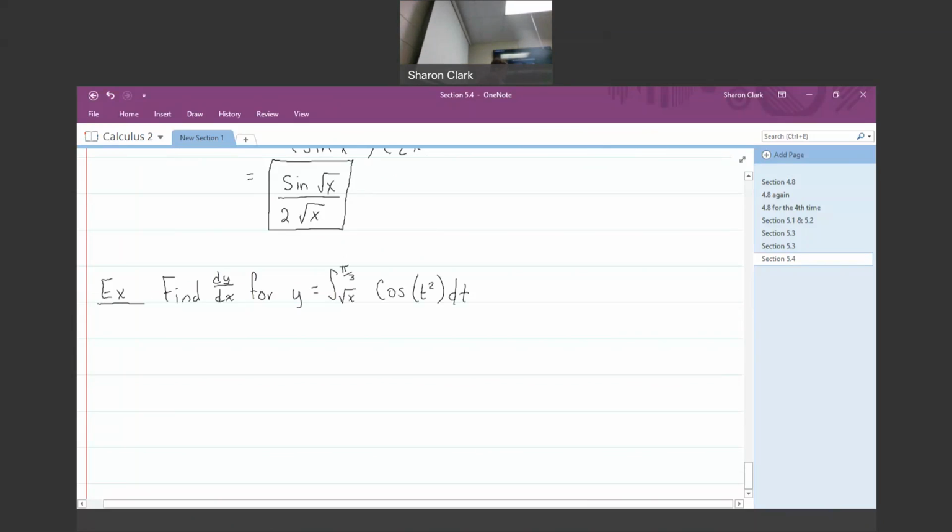Okay, so the first thing is we're going to do dy dx. Actually, before we do that, we have to fix it. We have to flip-flop it because the number should be at the bottom.